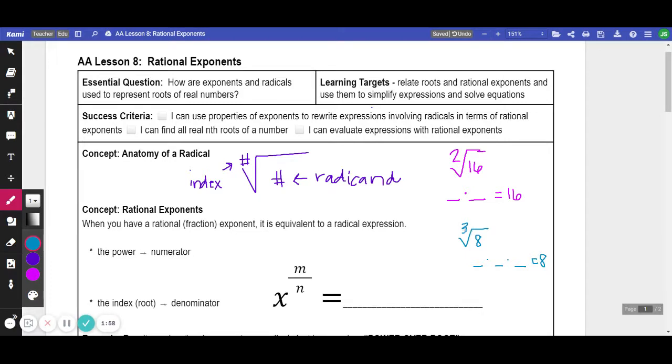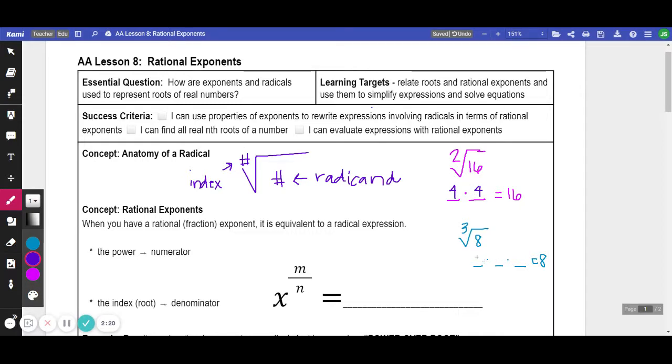So the index tells you how many times you are multiplying a number, and the radicand is what you're trying to get it to equal. Your simplified answer is that number. In this case, it would be a 4, because if I multiply 4 by itself, 2 of them, that would get me my 16.